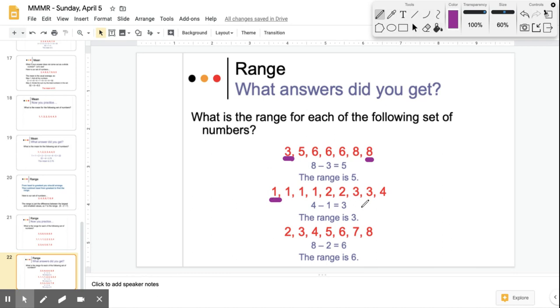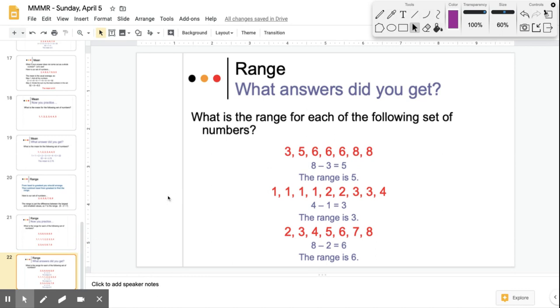In the second example, 1 is the smallest, 4 is the biggest, 4 minus 1 is 3, so the range is 3. And in the last example, 2 is the smallest, 8 is the biggest. When you subtract, the biggest number has to go first. 8 minus 2 is 6, so the range is 6.